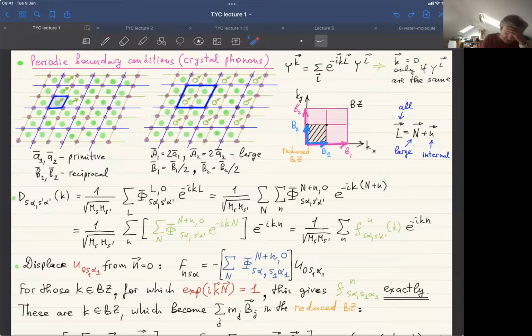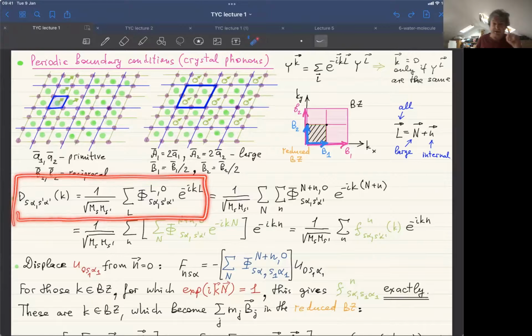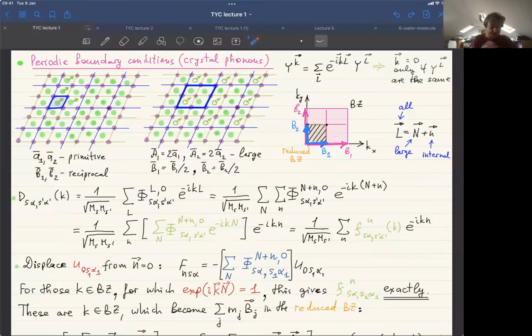So when I now write an expression for the dynamical matrix at the given K point K of the original Brillouin zone, I will have to calculate that sum, which contains the sum over all translations of my crystal. And here will be this exponential phase factor. That translation can be written as translation over the large translations associated with the large cell, and translations due to internal translations. So in this case, there will be this one, right? And 0.